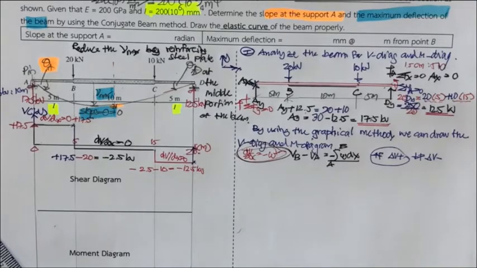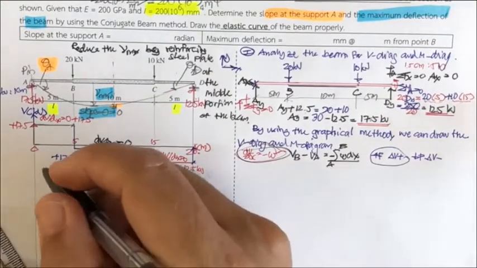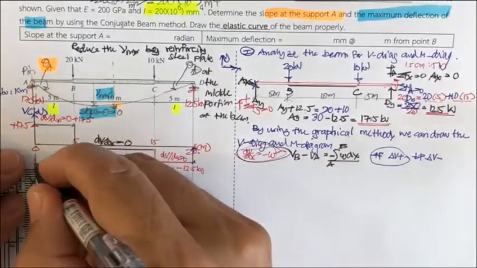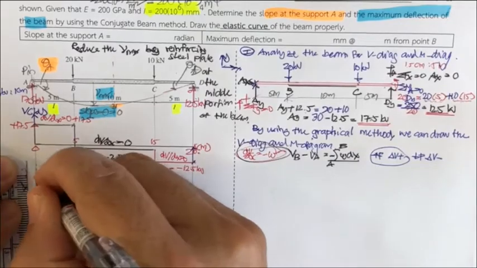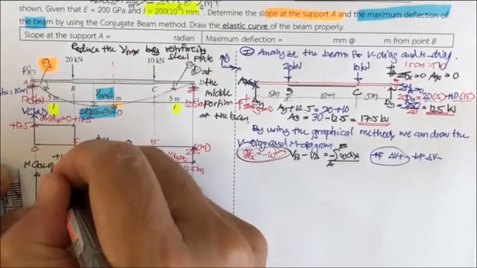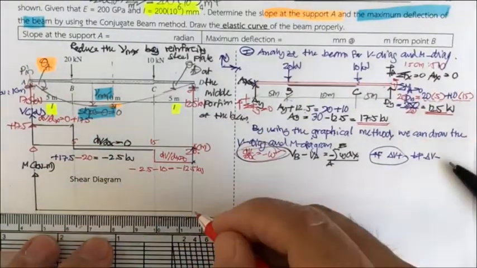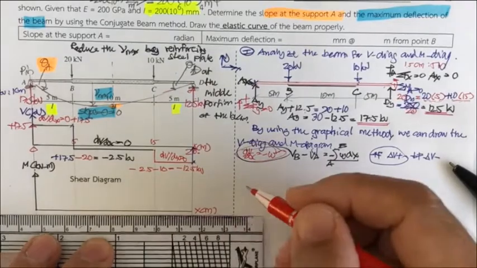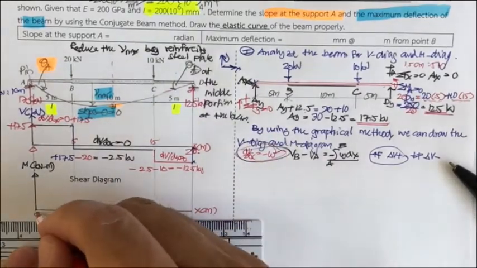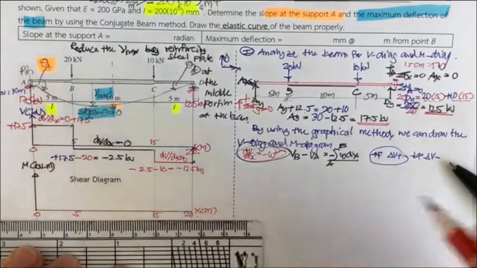Okay. And next, coming to the moment diagram, and again you get this vertical axis as the moment M in kilonewton meter, and the x is going to be x in meters here, and this is going to be 0, 5, 15, 20.